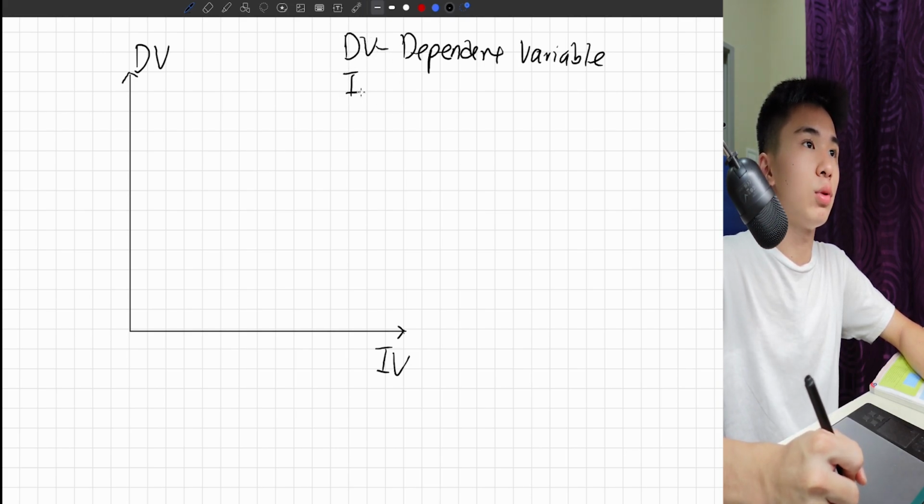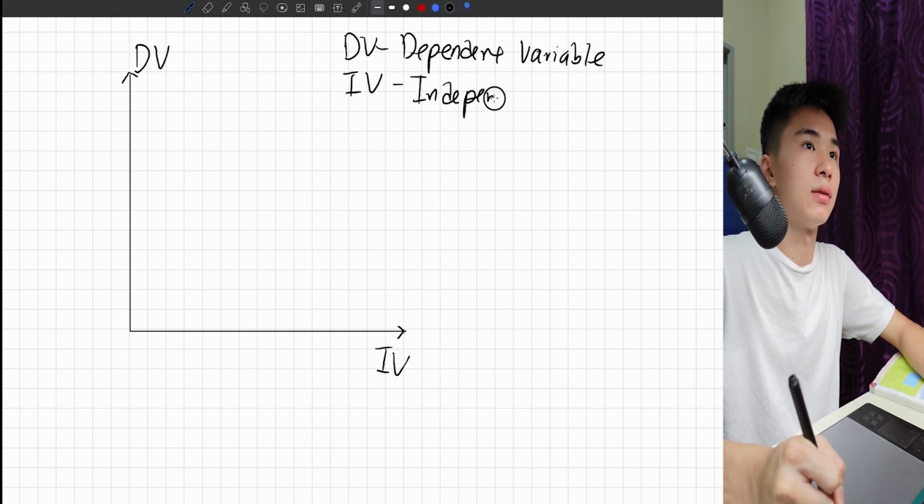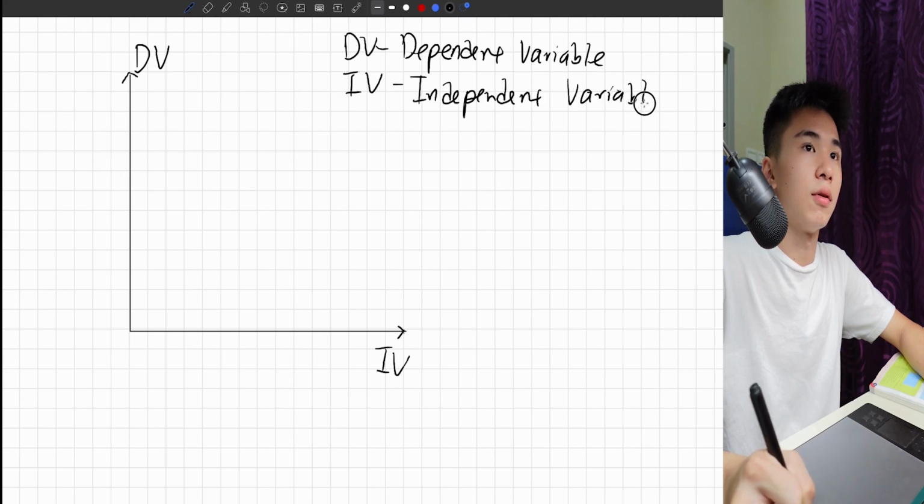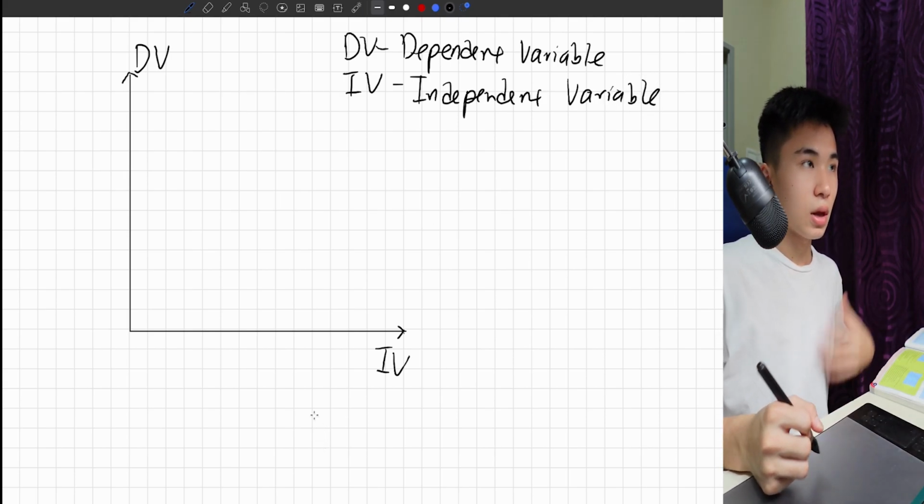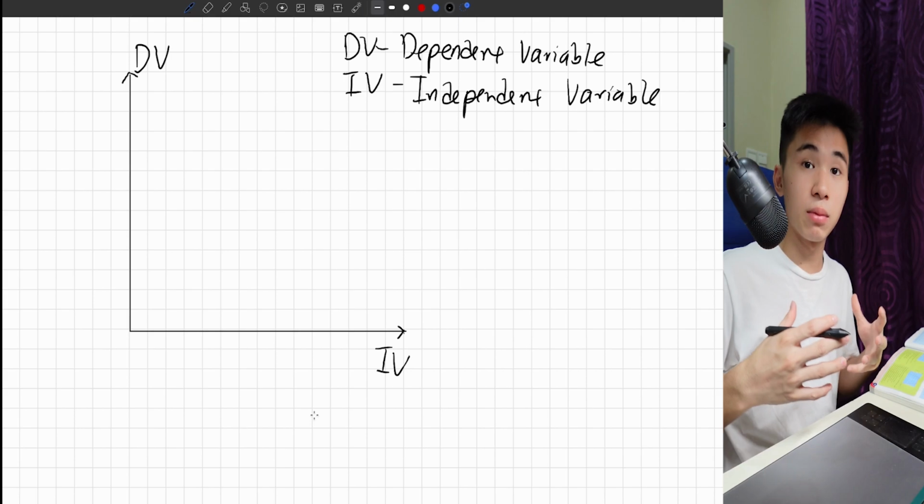The IV stands for independent variable. Dependent means you depend on something, right?